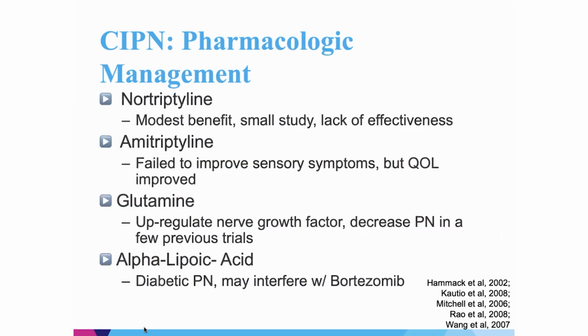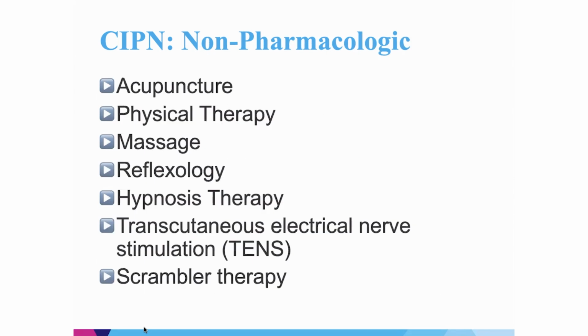Your TCAs, your nortriptyline, your amitriptyline, have not been shown to really be effective, and they do have a lot of side effects. Your glutamine and your alpha lipoic acid have been studied in trials, but are not really guideline recommended. Then your non-pharmacological components.